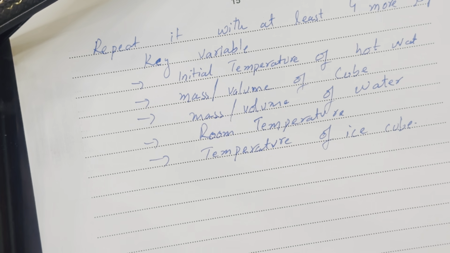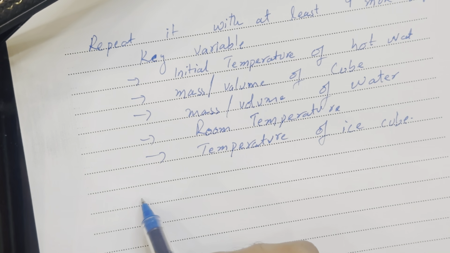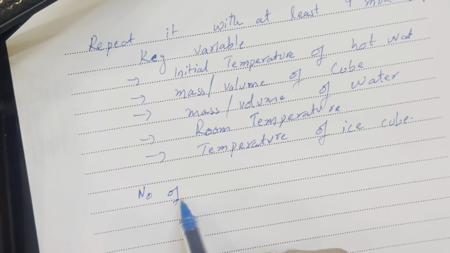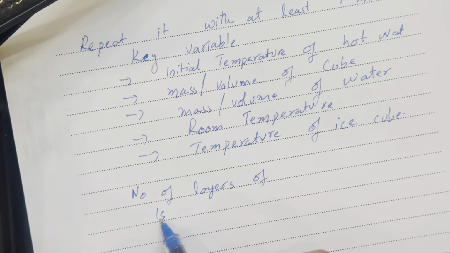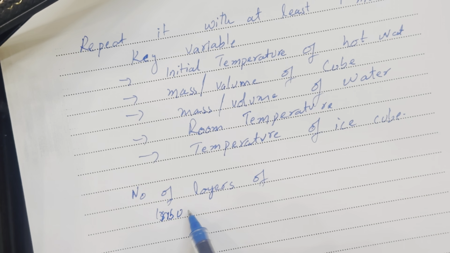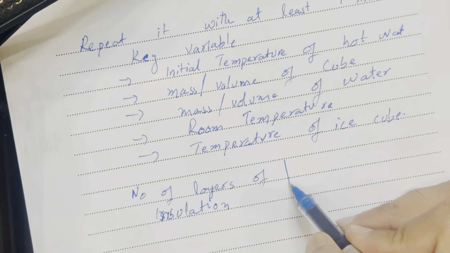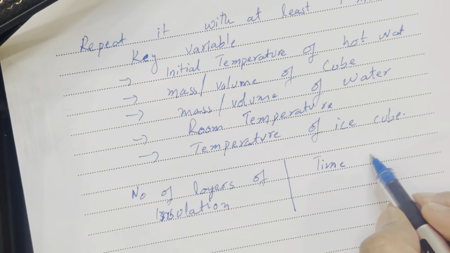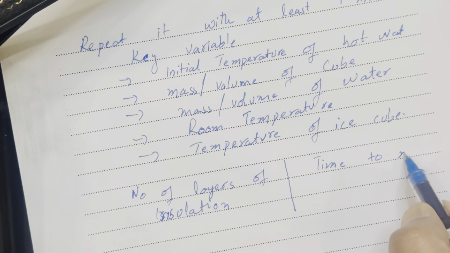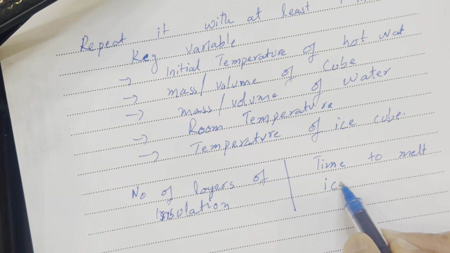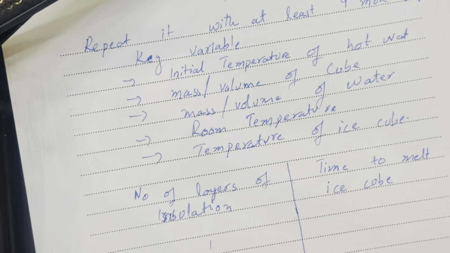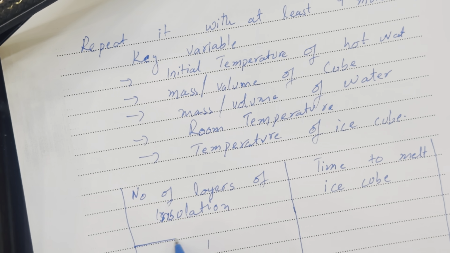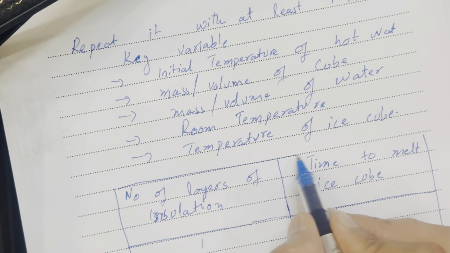And for the table, there are two important things we need to show over here: number of layers of insulation, and time to melt ice cubes. 1, 2, 3, 4. So this is how we're going to make our table.